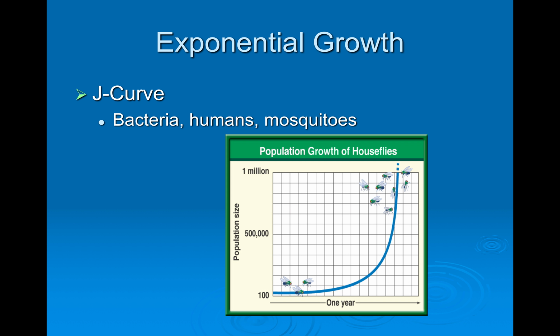Okay. If we take a population and let's say we give them all the food, all the water, everything that they need. Okay. What we'll see if we graph their population over time is we'll see something called exponential growth. All right. It doesn't matter if it's bacteria or humans or mosquitoes. Okay. So their population will start off growing what seems very slowly.